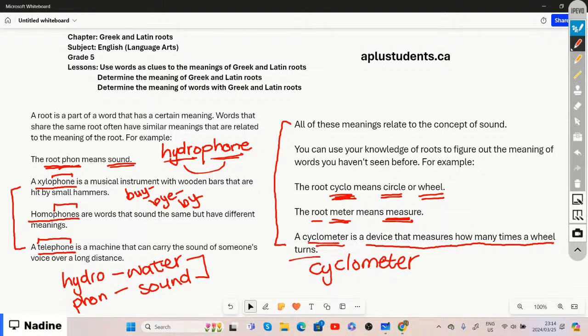So yes, cyclo is also the root word of cyclonic, right? It doesn't specifically say circle, but it does say that it is rotating in a clockwise position. So if it's in a clockwise position, then it means that it is rotating, it's basically going in circles, it's going round, right?